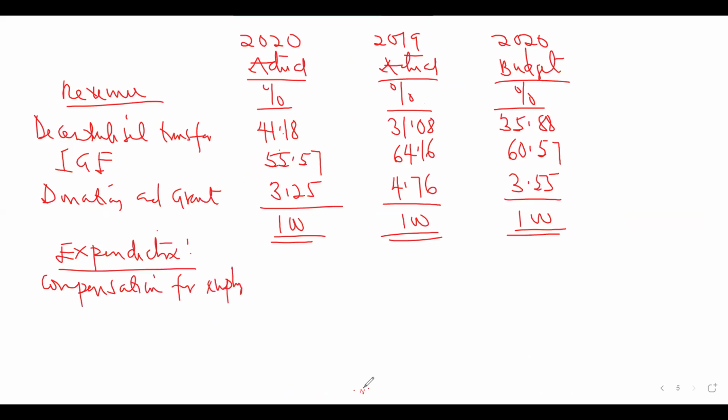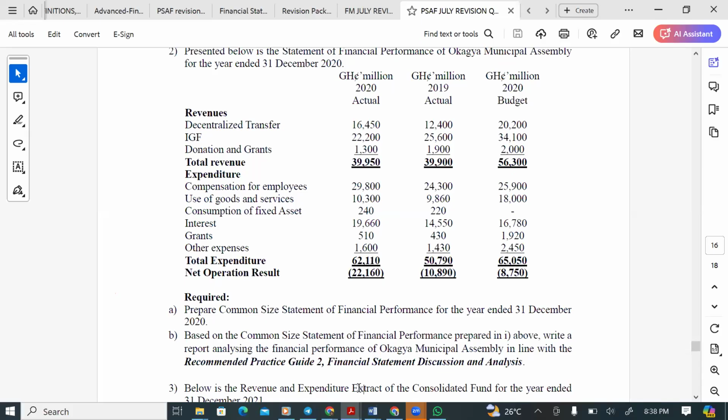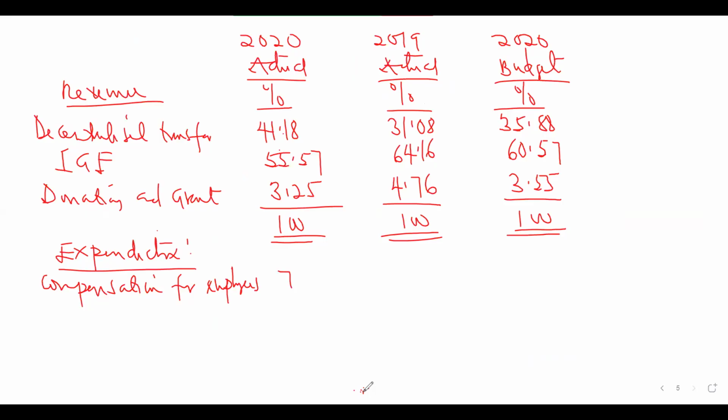Please don't go and show how you are getting the figures. This is for 4 or 5 marks, and you have done a lot of things to get all the marks. So 29,800 divided by the total revenue, as with every item, gives 74.59. Okay, the actual is what?